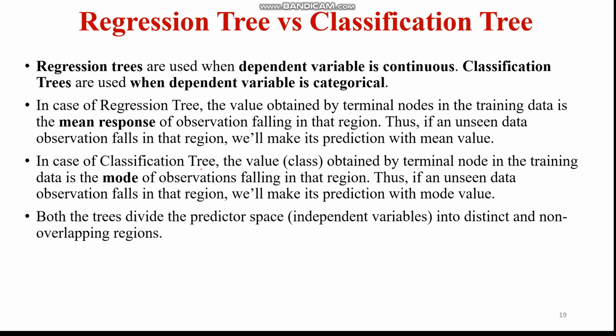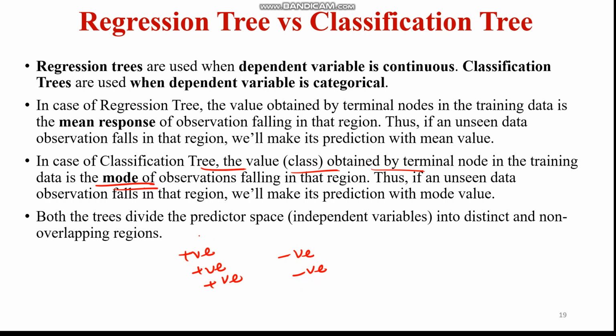When we talk of a classification tree, the class value obtained at the terminal node in training is determined with the help of the mode. Why? Because classification goes with the majority. Suppose we have a few nodes with a positive result and two nodes with a negative value.